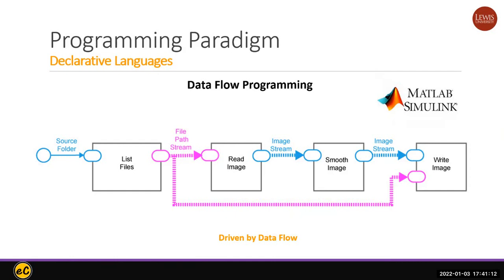Then the data flows to another stage to do smoothing of the image, that may be an image filter. And then we send the output of the smoothed image to a white image processor. So these are the so-called data flow.